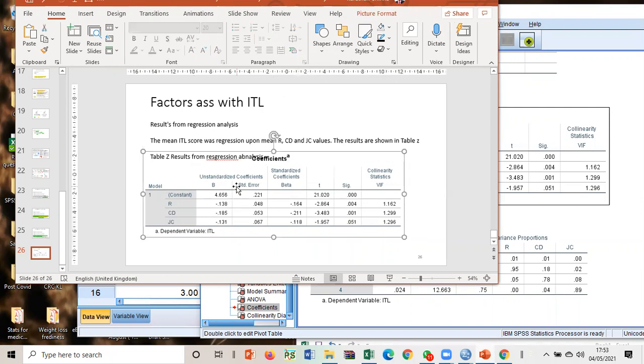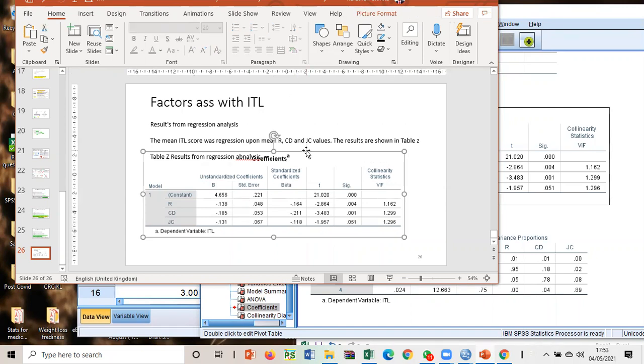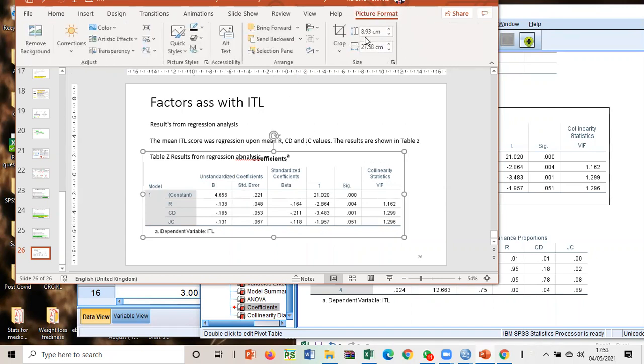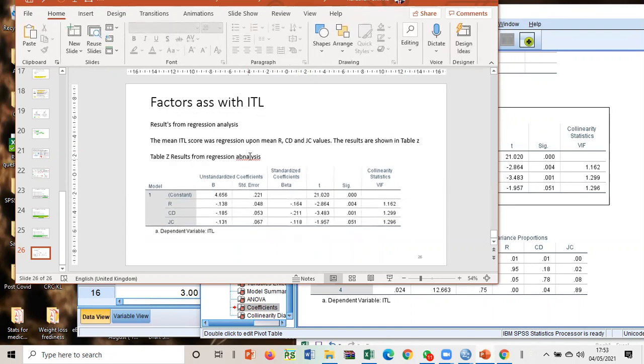Okay. So what's the conclusion now? How do you write the conclusion?